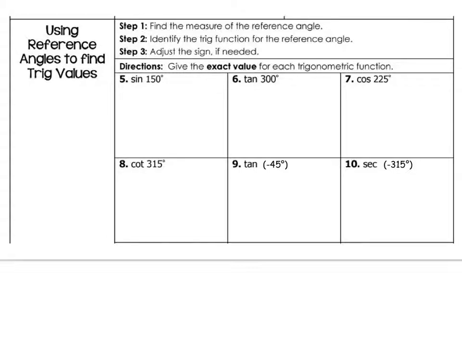All right, remember the other day, or another video, when we were talking about the 30, 60, 45 degree measures and the trig functions. This is when we need them.